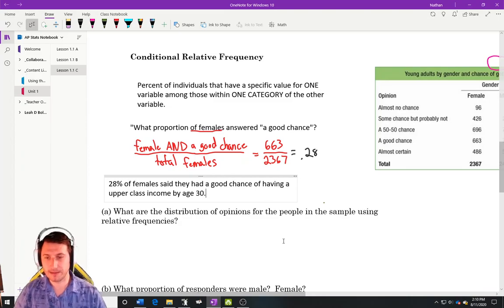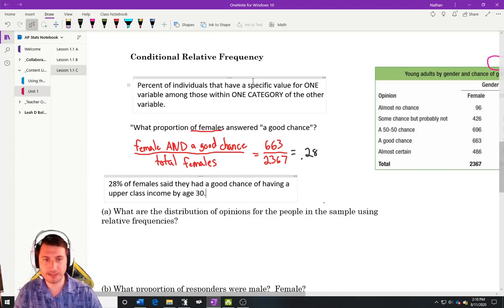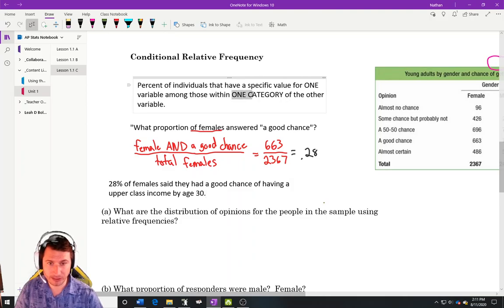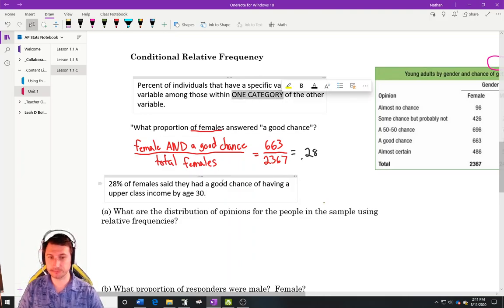All right. Slight difference there with the conditional relative frequency. That bottom number in your fraction changes because you have a different total. You're not looking at the entire group. You're only looking at one category as your total.